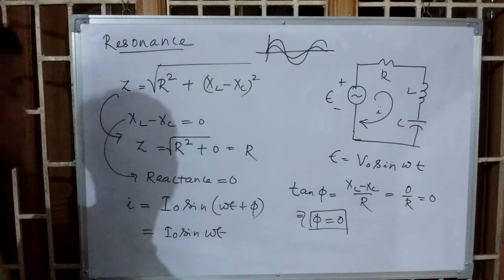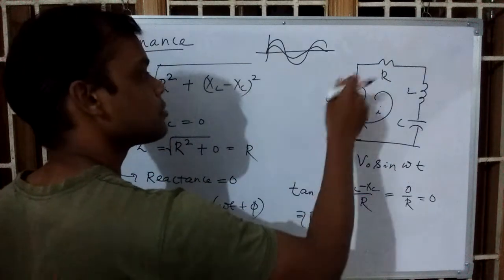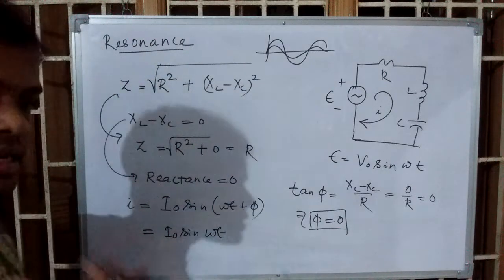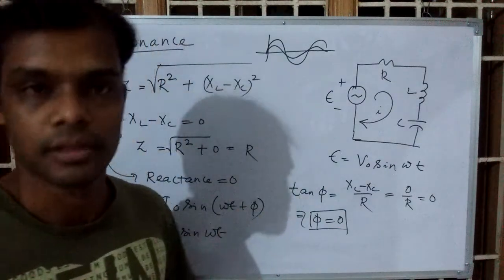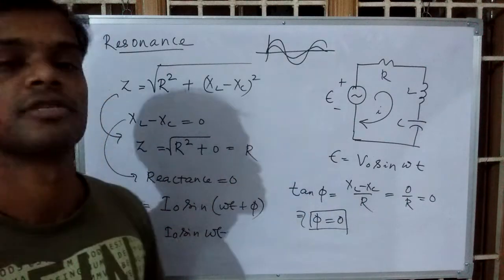Voltage is oscillating plus minus, current is also oscillating like that, plus minus. That means there is a rhythm between the voltage and current. They have the same frequency and same phase. That's why this is called resonance.